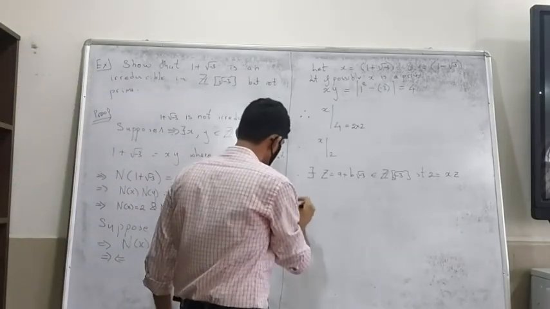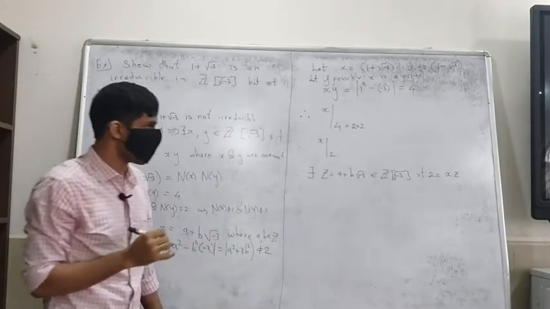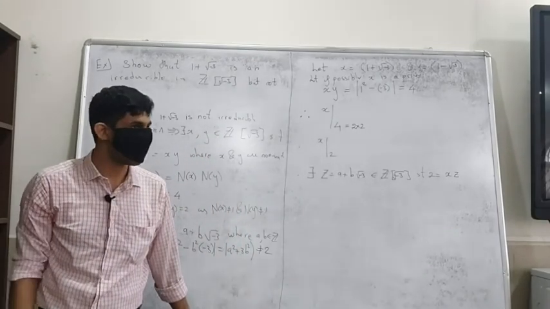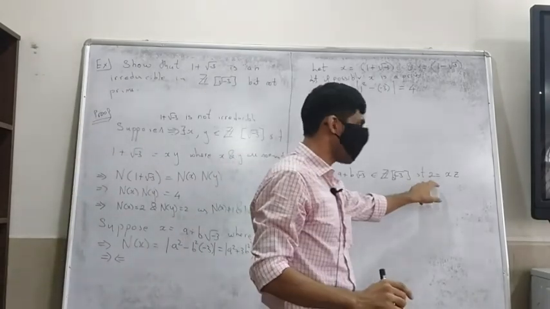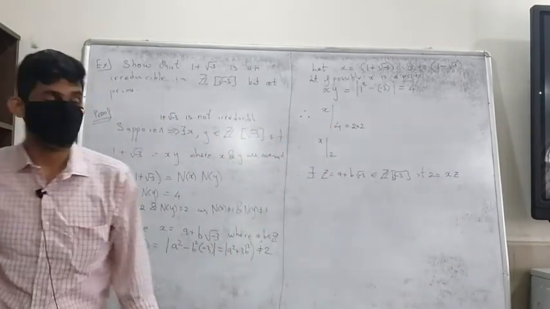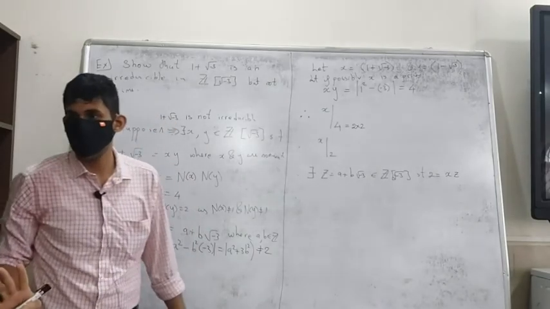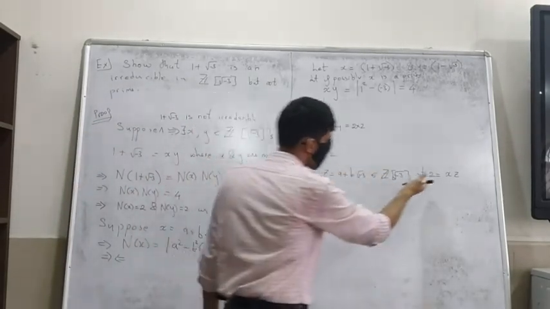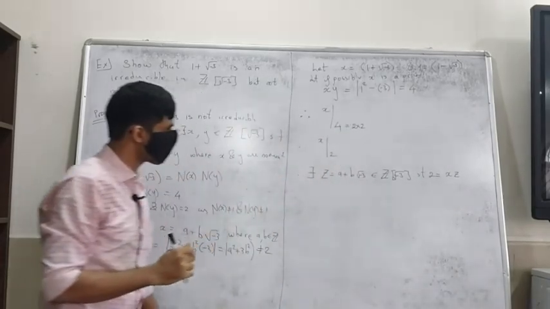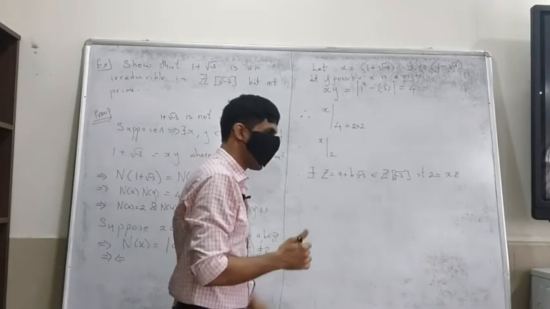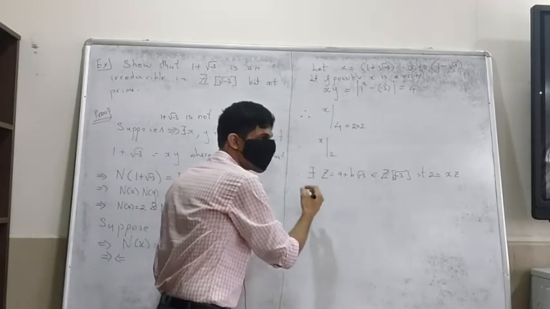Okay, but this would mean that we can again use our N function to make our work easy. So look at N of 2. What would be N of 2? 4. You can actually just multiply also and get a contradiction, but let's do it with the N function. Seems to me the easiest way.